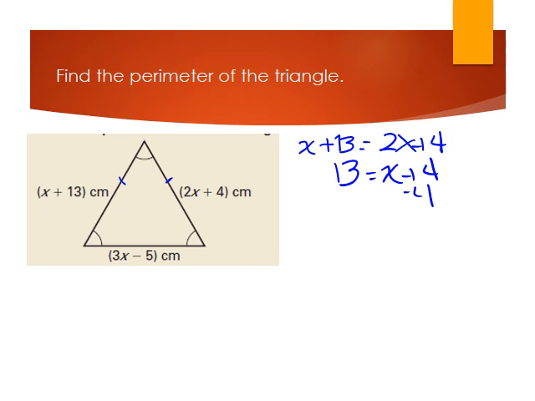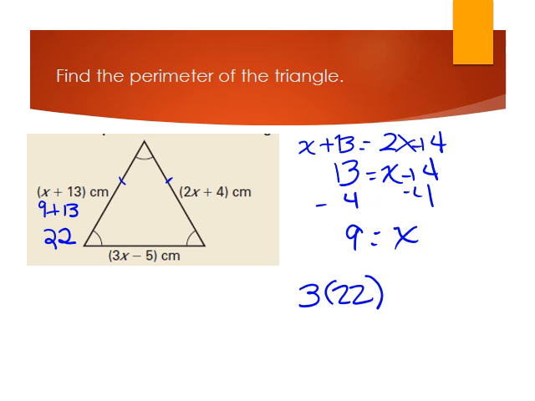And then if I subtract 4, 9 equals x. So if x is 9, then each side would be 9 plus 13, or 22. So if each side is 22 and there's 3 sides, 3 times 22 is 66. So my perimeter is 66 centimeters.